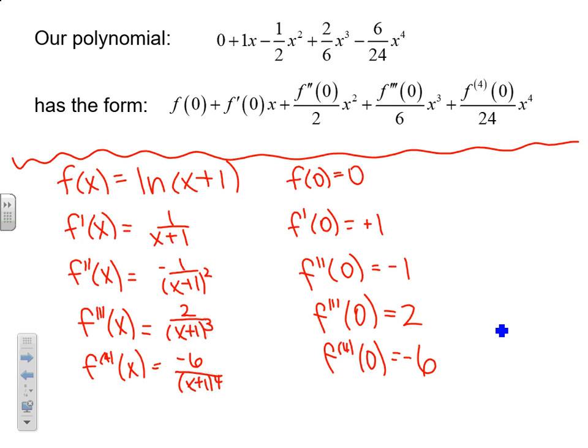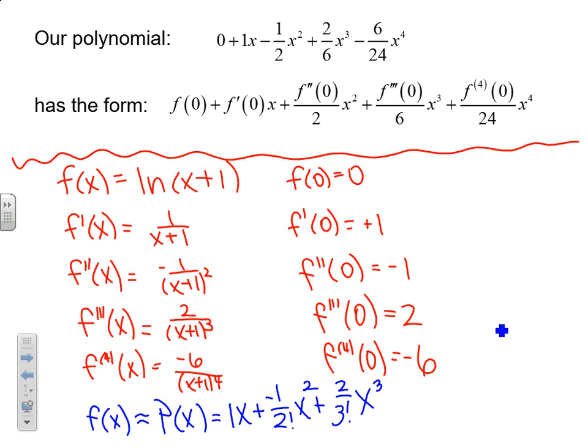For the fourth degree Maclaurin polynomial in this case, you would write that our function is approximately this polynomial, which is f of 0 over 1 factorial times 1, well, that's 0, plus the first derivative over 1 factorial times x to the first, plus the second derivative over 2 factorial times x squared, plus the third derivative over 3 factorial times x cubed, plus the fourth derivative over 4 factorial times x to the fourth.